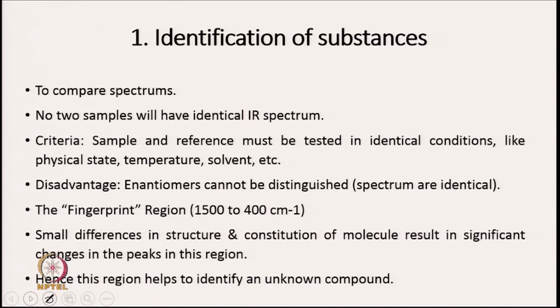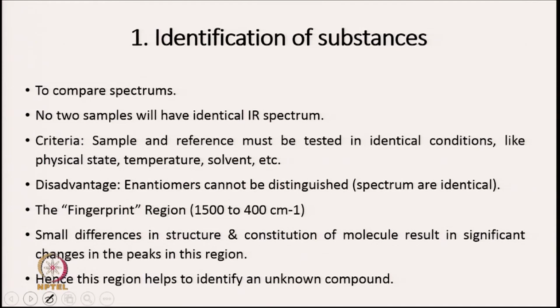One disadvantage is that we cannot distinguish enantiomers. The fingerprint region, 1500 to 400 centimeter inverse, is very important, because even a small difference in structure and constitution of the molecule will show significant change in the peaks in this region. So, IR is a very important tool to identify unknown compounds.